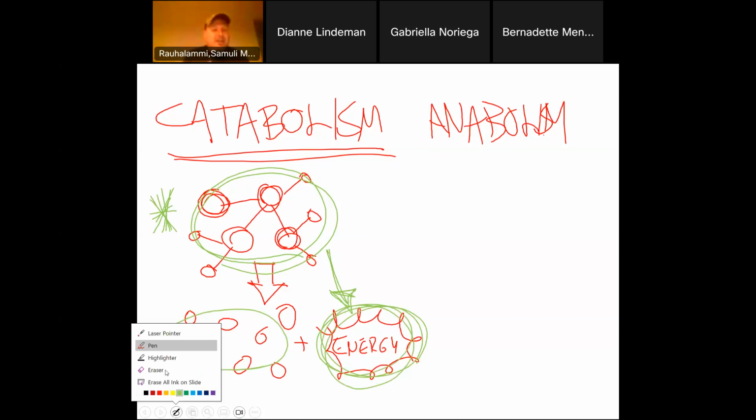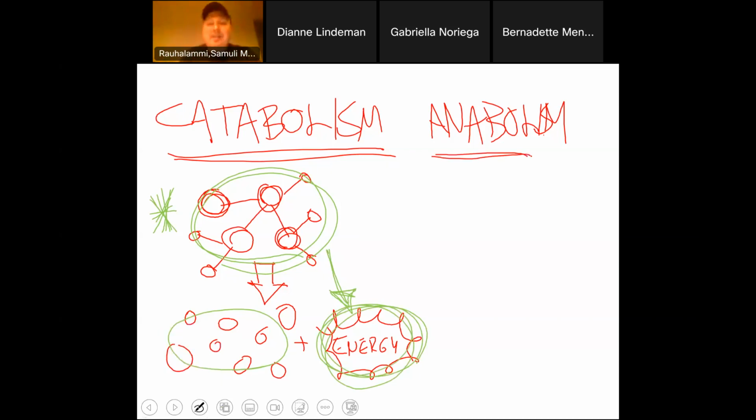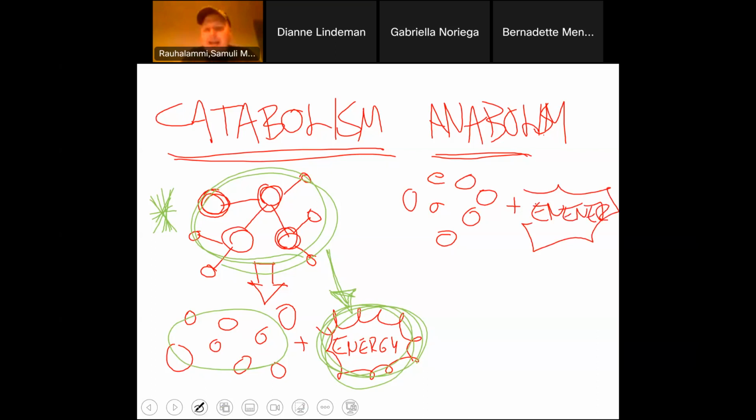I know the question doesn't ask that, but I'm just going to highlight it to make it clear. Anabolism is the opposite reaction to that. In anabolism, we have individual atoms or small molecules, and by adding energy to this equation, we are actually combining these individual components to make something larger out of them.